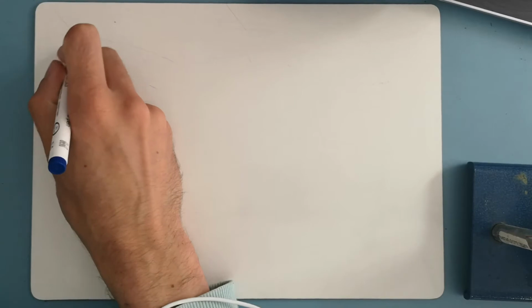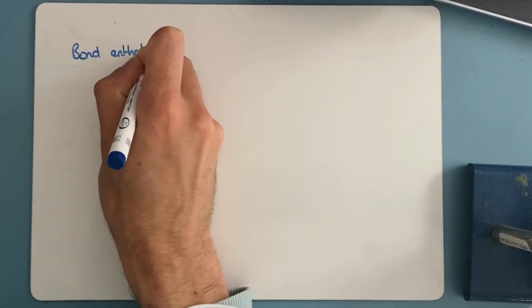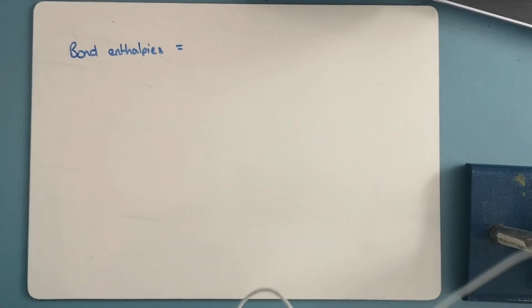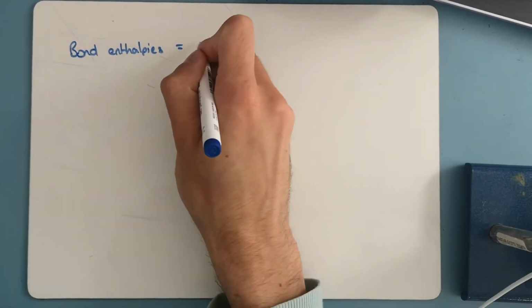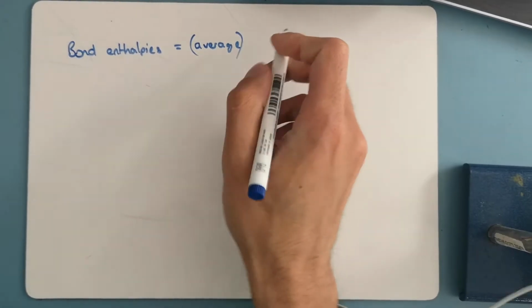So, bond enthalpies, first of all, are the average, and this is it, we take a mean. I'll come to this in a bit more detail in a sec.